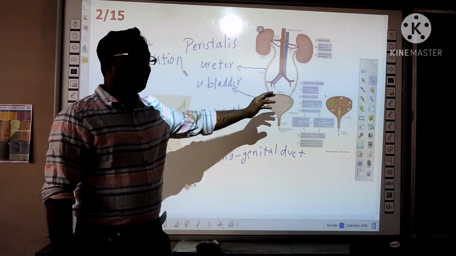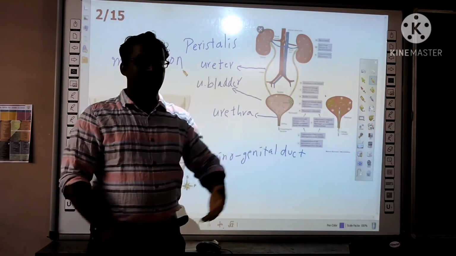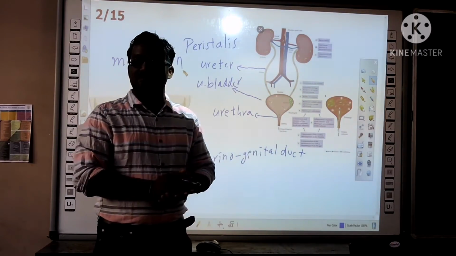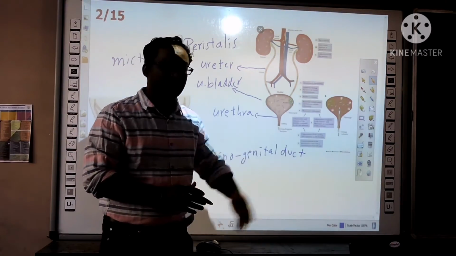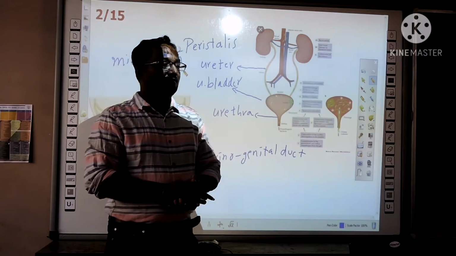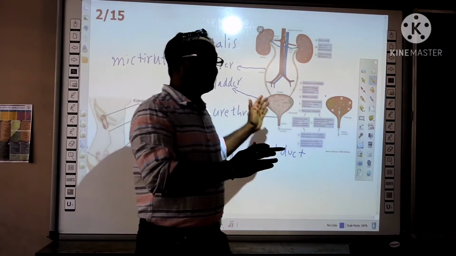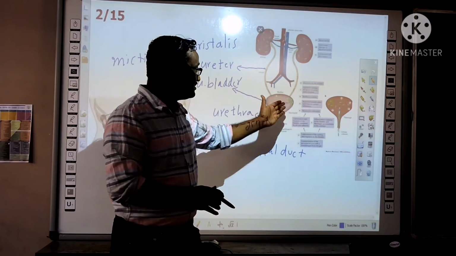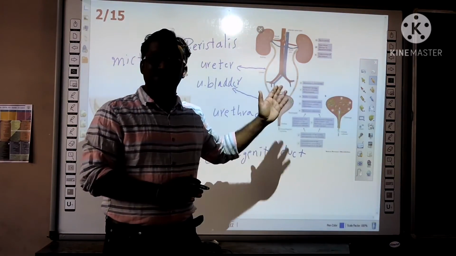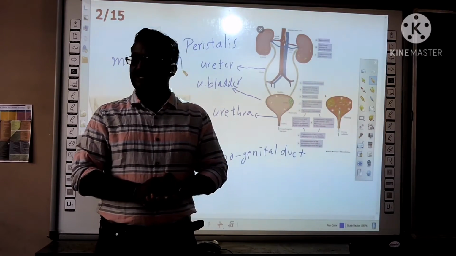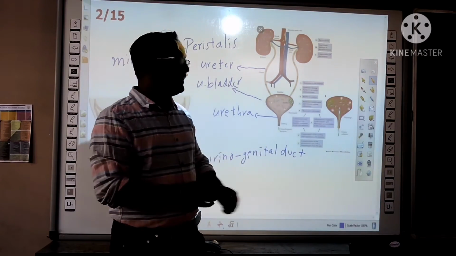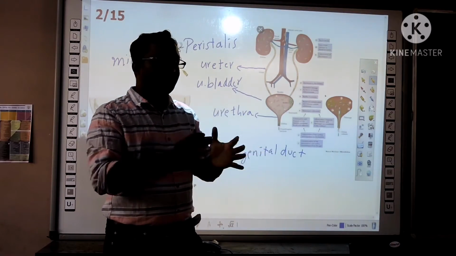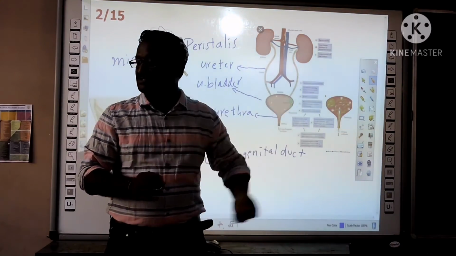Whenever the bladder fills up to 300 ml with urine, the walls expand due to the relaxation of muscles. This expansion triggers the nerve endings which are connected to the muscles of the urinary bladder. Understand? Nerve endings are connected to the muscles.